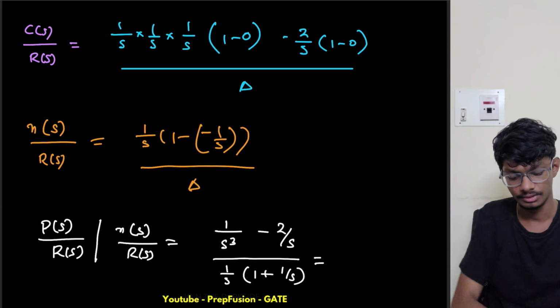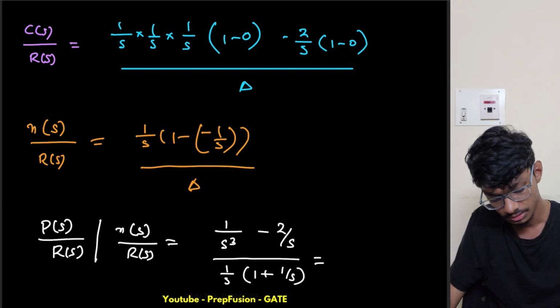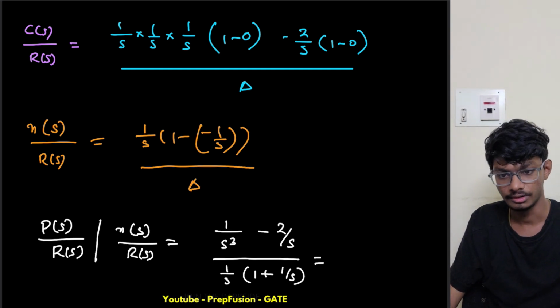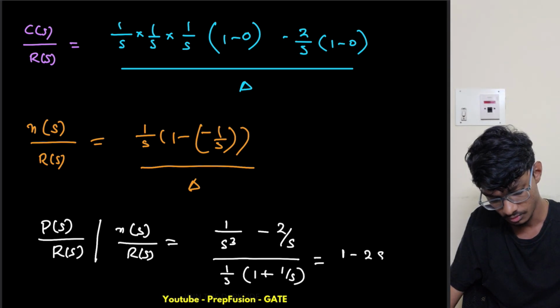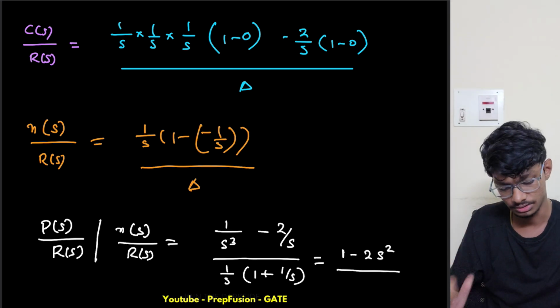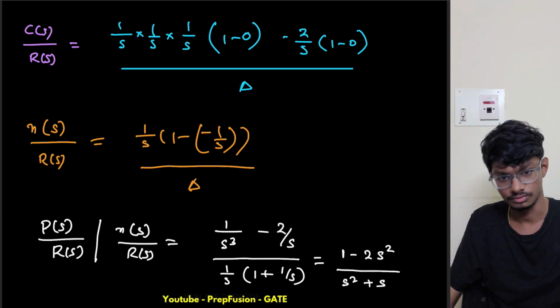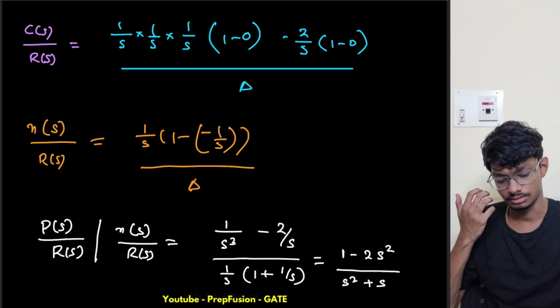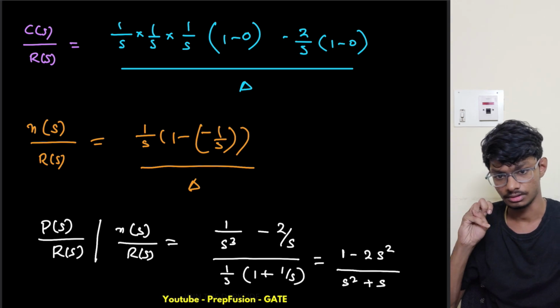So I will multiply s cube on both sides. What I will be left with is simply 1 minus 2s square, and I will multiply s here also, so this is s square plus s. So this will be simply my answer, right?